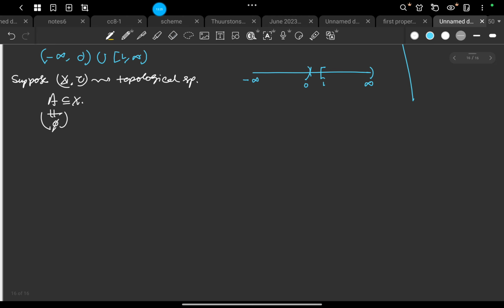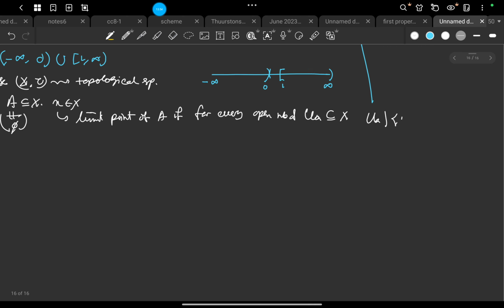Let us consider a small x belonging to X. This is a point and it is said to be a limit point of A if for every open neighborhood U_x, (U_x minus the singleton {x}) intersection with A is non-empty.